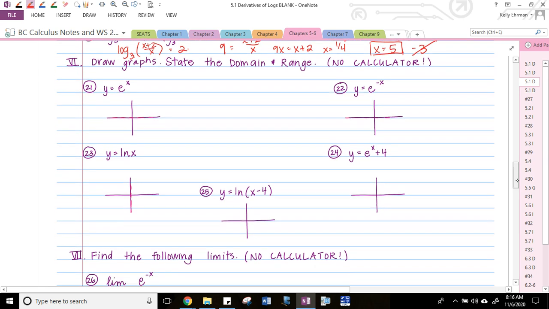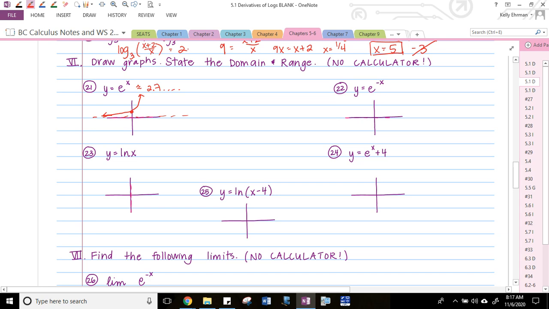And then finally, we do need to be able to picture these graphs, and state domain and range. So the graph of e to the x, remember e is about 2.7 something. It's just kind of good to know that. But when you're graphing e to the x, any exponential has a horizontal asymptote at y equals 0, has a y-intercept of (0, 1), and increases like this. e to the negative x would be a y-axis reflection.